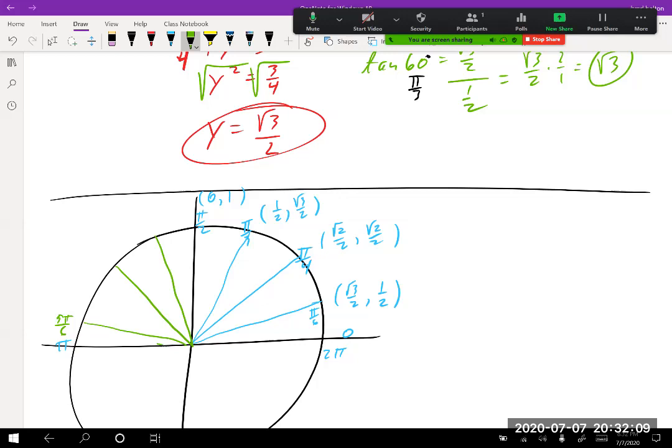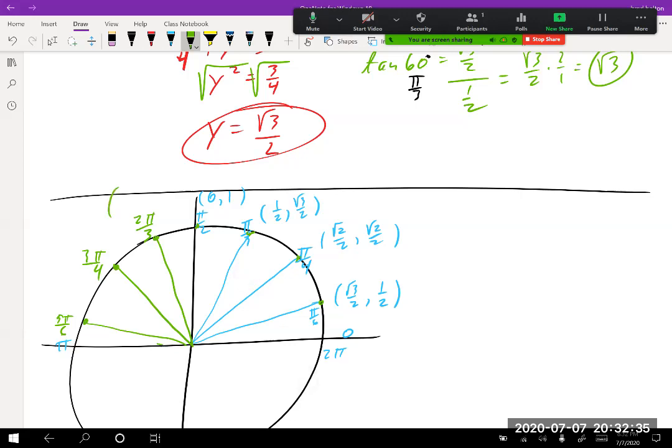This is 3 pi over 4, and this is 2 pi over 3, okay? Once again, 30, 45, 60, 90, plus another 30 is 120, plus another, that's 135, and then that is 150. So I'm just showing you that these angles will match.